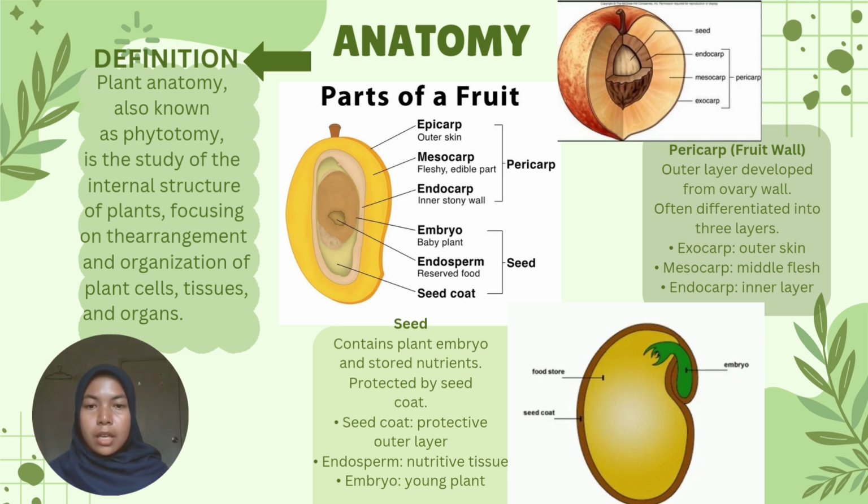A seed has a seed coat, a protective outer layer, endosperm, nutritive tissue, and embryo, a young plant. Next, pericarp or fruit wall is an outer layer developed from the ovary wall, often differentiated into three layers: exocarp is the outer skin, mesocarp is the middle flesh, and endocarp is the inner layer.